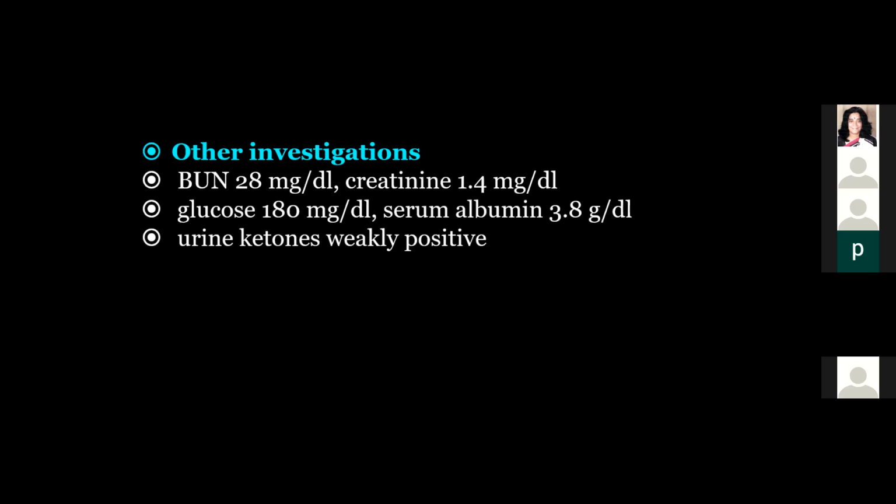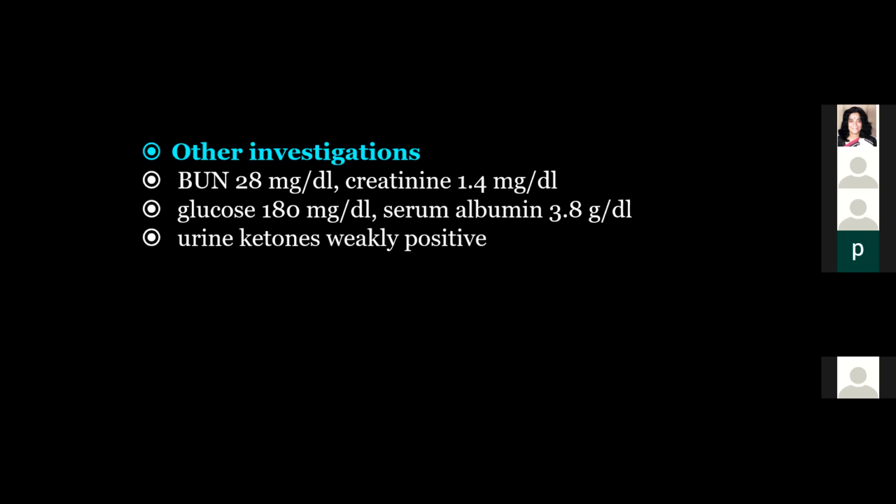Do you think this child has a DKA? He has a glucose 180, ketones weakly positive. Less chances. Bicarb is, yeah, the acidosis is not, pH 7.5, bicarb is 21. No, you're missing the point.